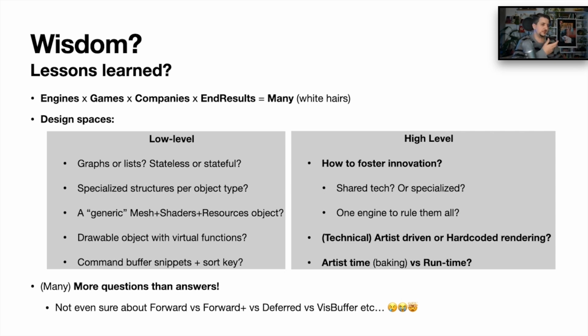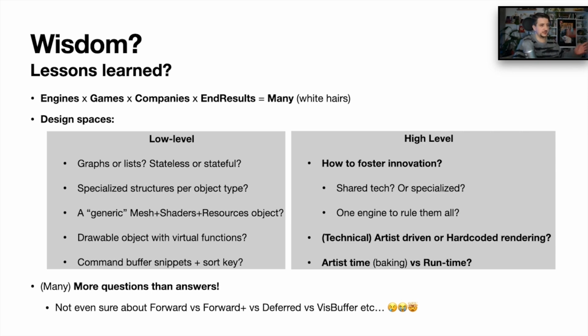So, from low-level decisions, I've seen engines using scene graphs, I've seen engines using flat lists, rendering through stateless objects or stateful command buffer abstractions.